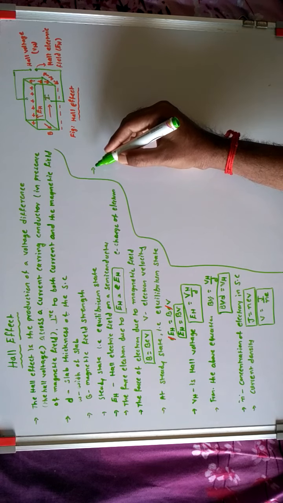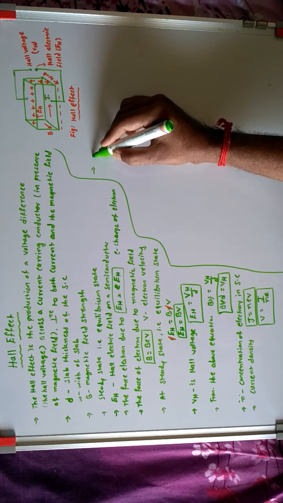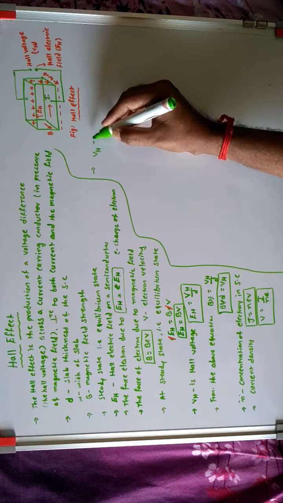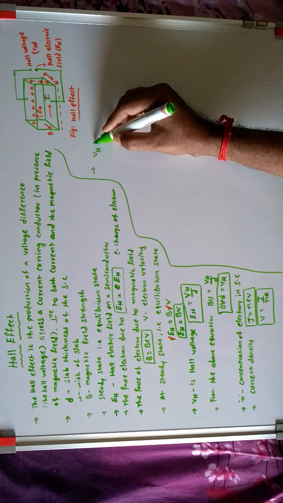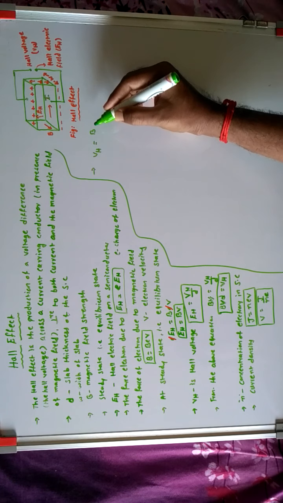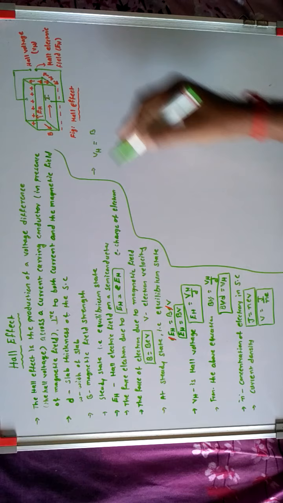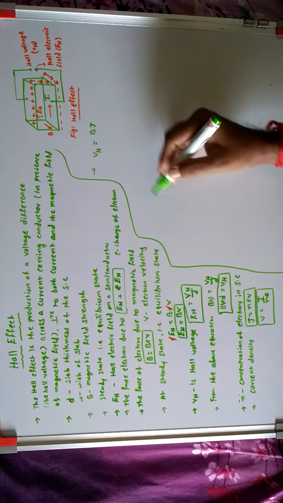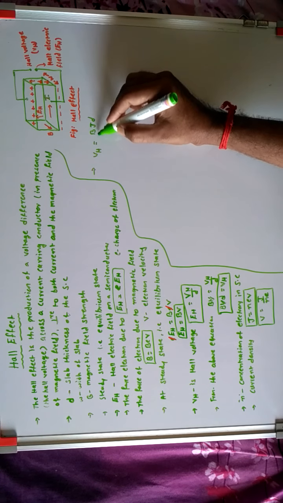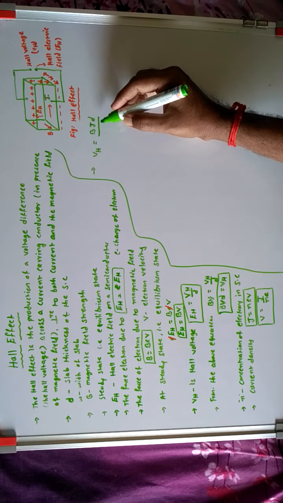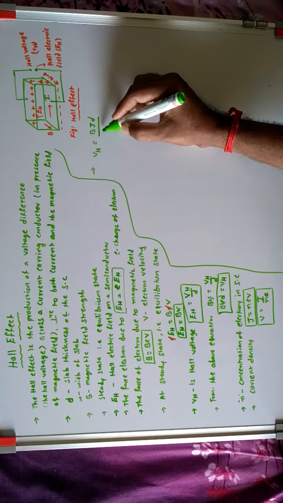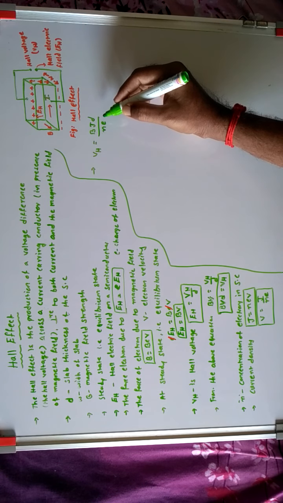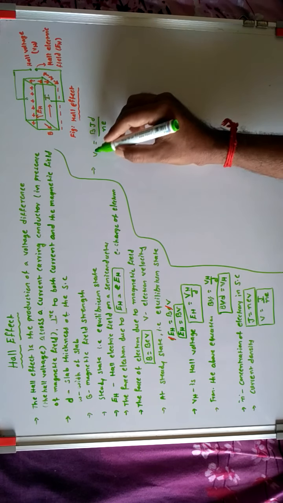Next, the Hall voltage VH equals B, substituting the V value. V value is J by ne, so VH equals B D J by ne.